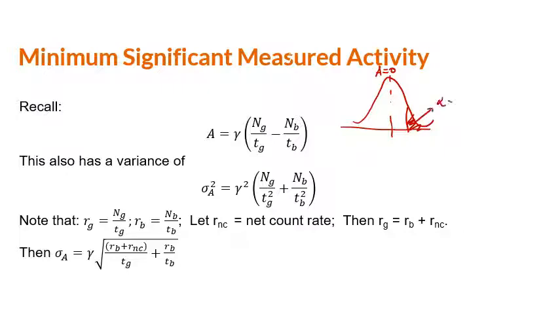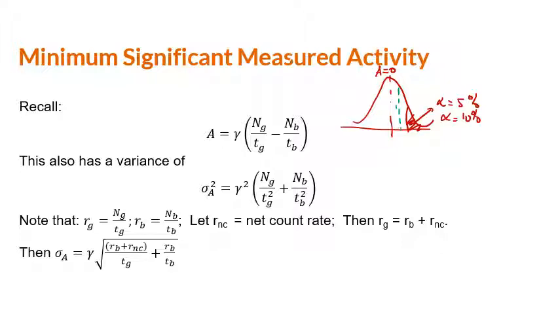Ito ay alpha equals 5%. Okay? So, ulit, kapag alpha is 10%, mas mababa yung threshold natin. Okay? Pag mas mababa yung threshold para mag-declare na merong minimum significant measured activity.